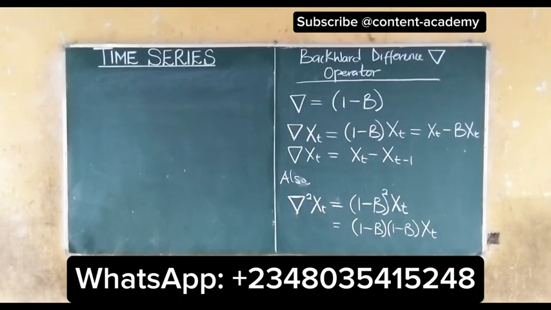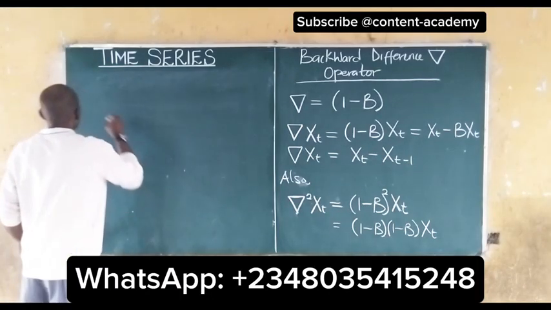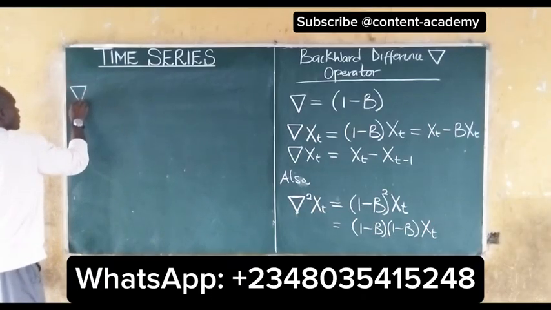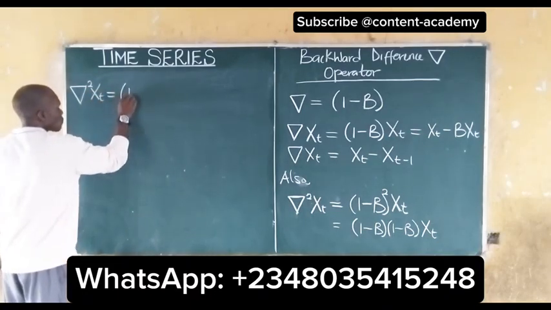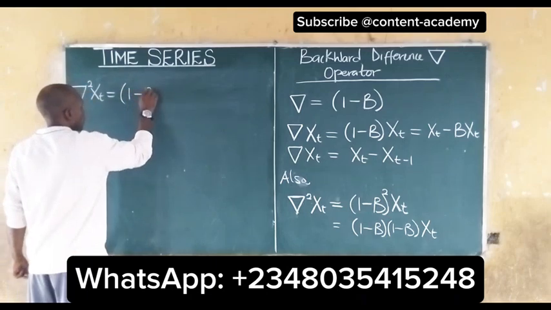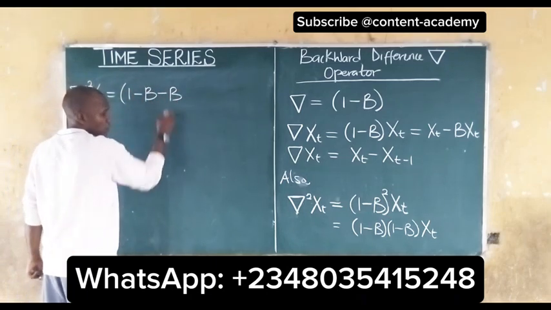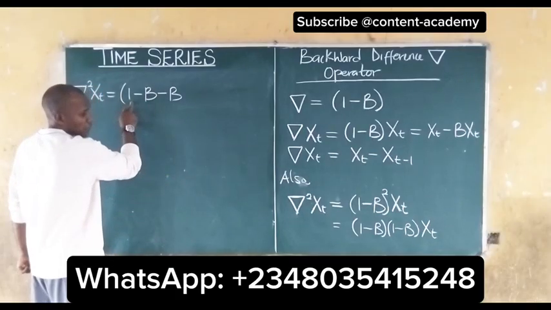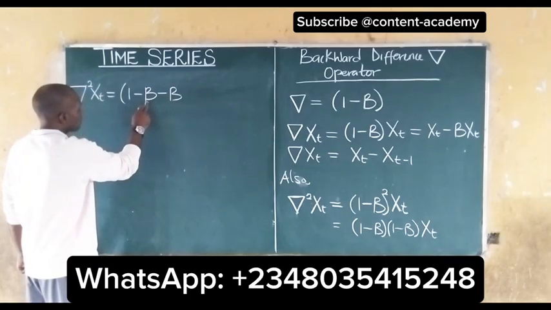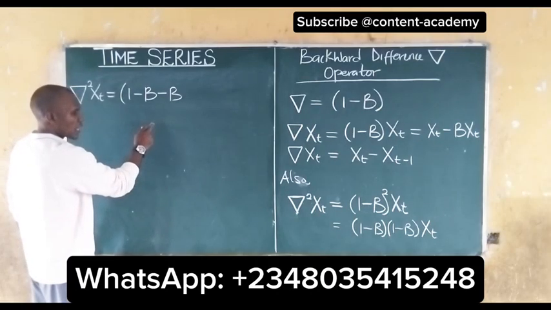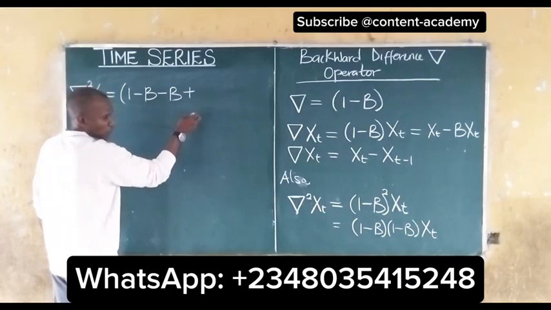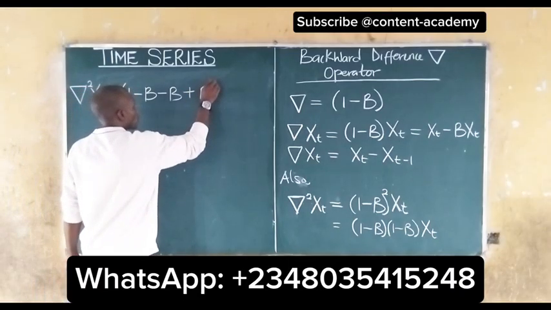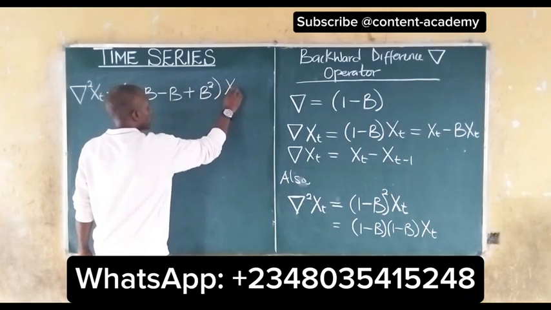All we need to do is just to expand. We have our operator squared X_t equal to (1 minus B)(1 minus B). 1 multiplied by negative B is just negative B. Negative B multiplied by 1 is then negative B, and plus we have B squared. So X_t is still there.